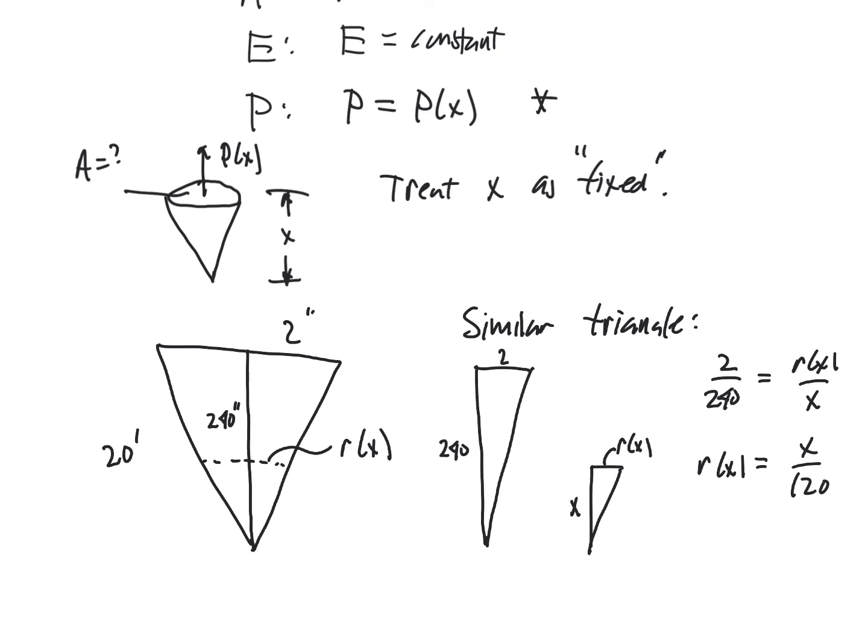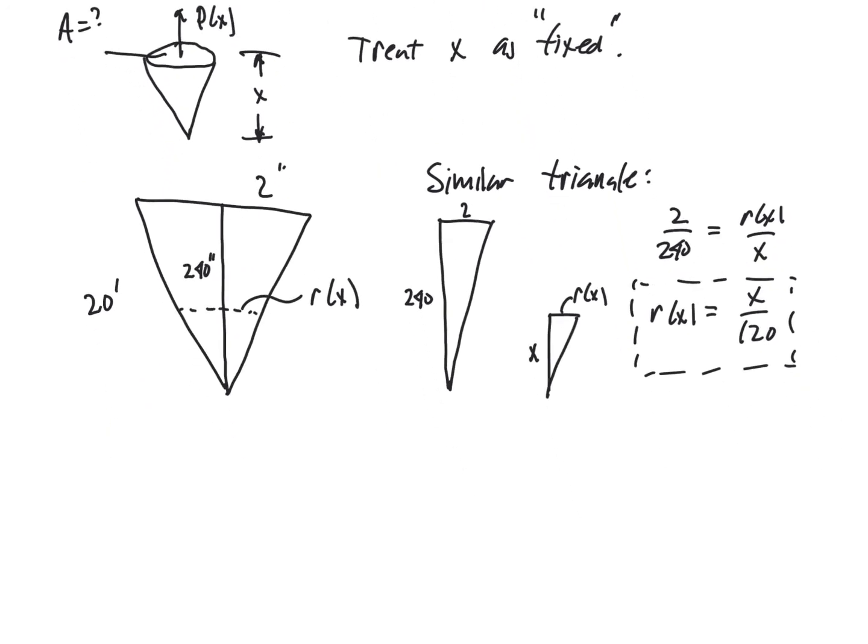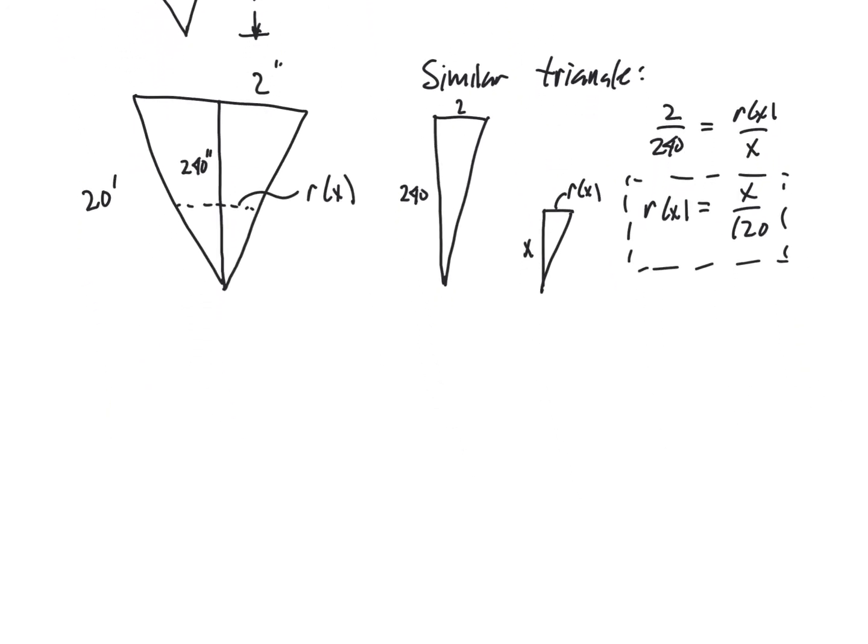That is crucial, so I'll put a dashed box around it, because getting the radius really is going to influence all the parameters that we need to set this problem up. So now we can find A of x. The area that varies as a function of x is going to be pi r squared, I should say r of x squared. So we've got pi times x over 120, the quantity squared.